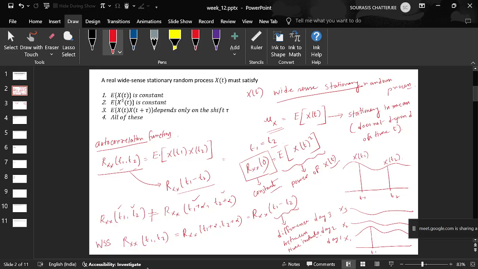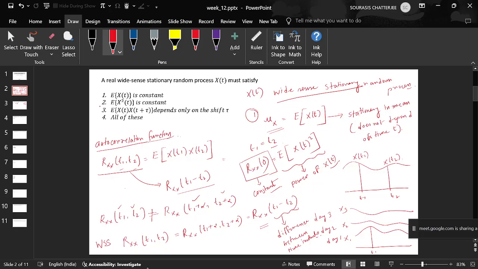So for a random process x(t) to qualify as wide sense stationary, the first property is that it needs to be stationary in mean, that is, mu x is a constant; it doesn't depend on t. Secondly, the autocorrelation function, which is usually a function of two time instants, for wide sense stationary actually depends on the difference between them, not the individual values. More importantly, it depends on the difference in the time instants, or the shift between them, so that is being captured here.